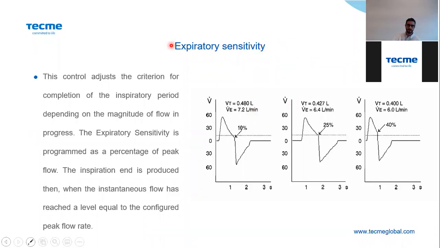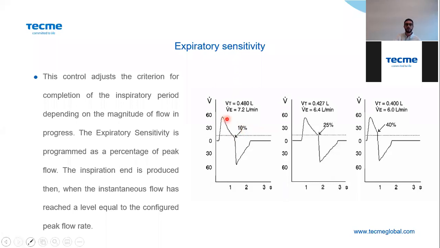So let's remember, this is the moment when the patient decides to change from the inspiratory phase to the expiratory phase. So you set here an expiratory sensitivity as a percentage of the peak flow.